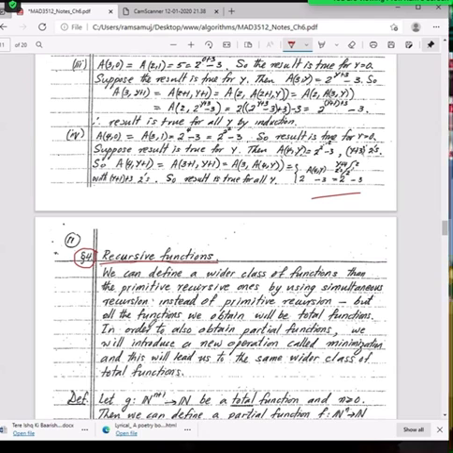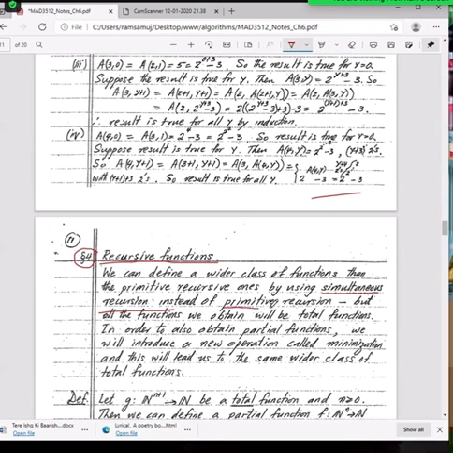So we can define a wider class of functions than the primitive recursive functions by using simultaneous recursion instead of primitive recursion. So again, what does primitive recursion mean? Primitive recursion means recursion on the last variable, right? Simultaneous means you can do it on more than one variable, right?